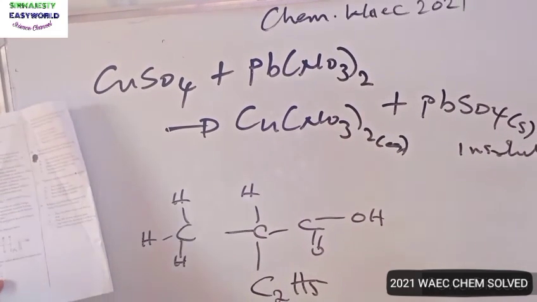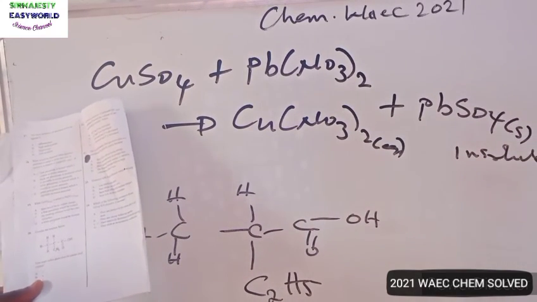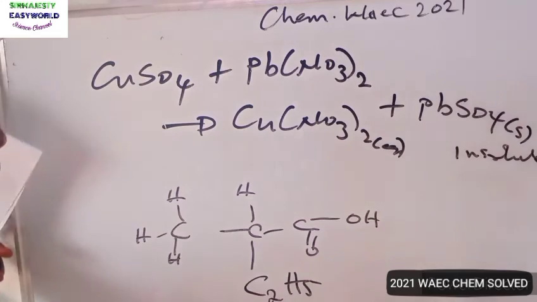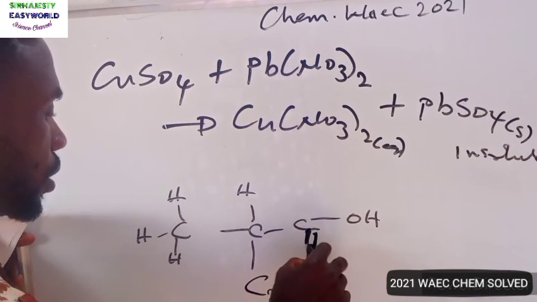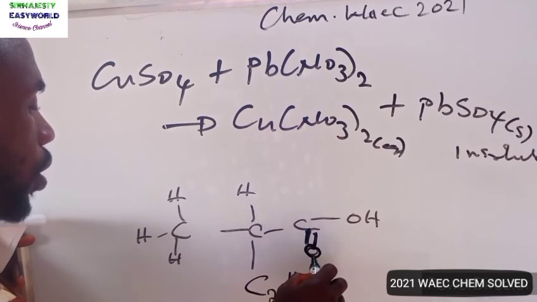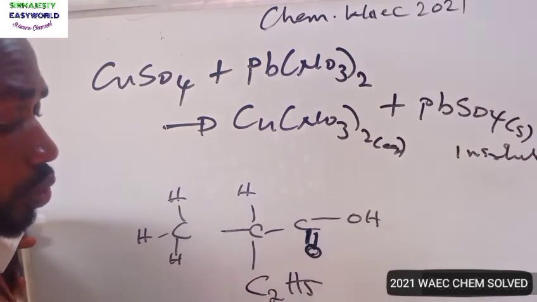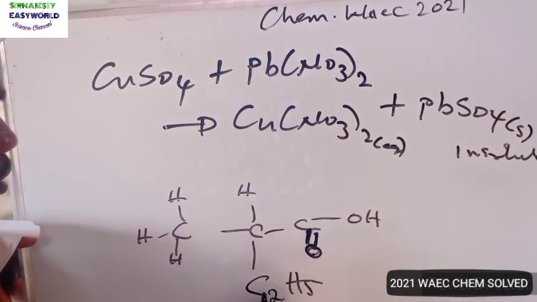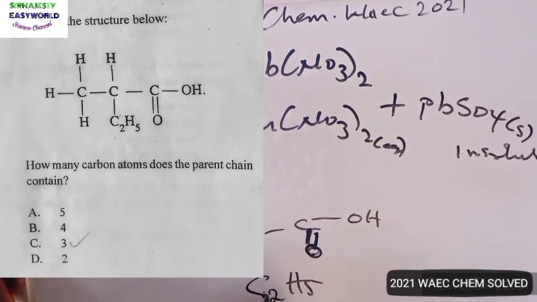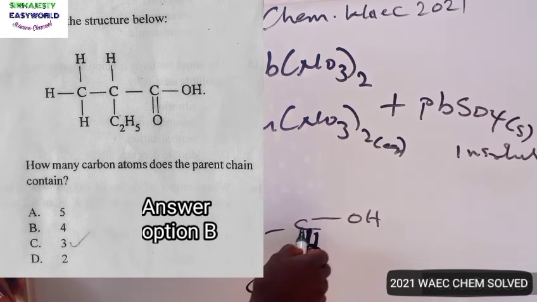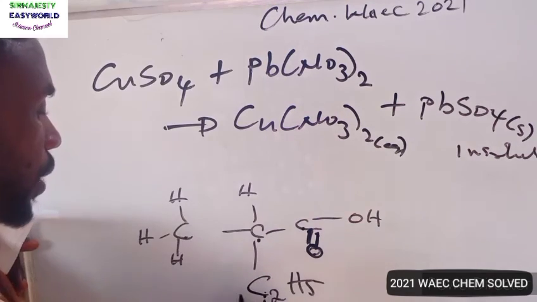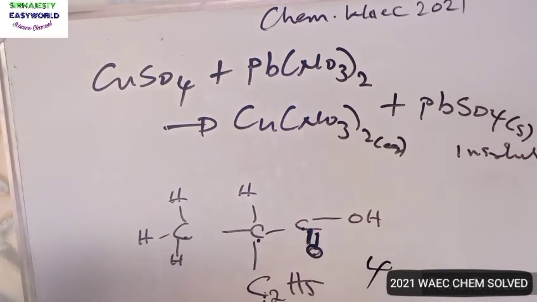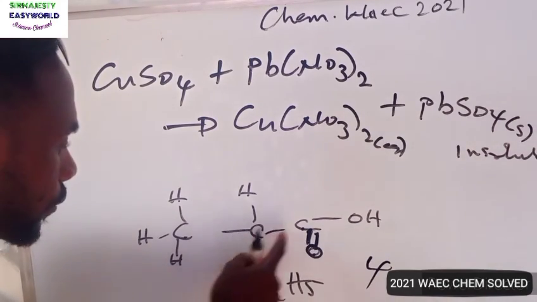Then the question says, how many carbon atoms does the parent chain have? The parent chain must contain the principal functional group, which is this C double bond O, that's the carboxylic group actually. So this is carbon 1, this is 2 atoms already, so 3, 4. So don't be deceived by counting 1, 2, 3. So the parent chain has 4. So the answer is B, which is, this is 2, 3, 4.